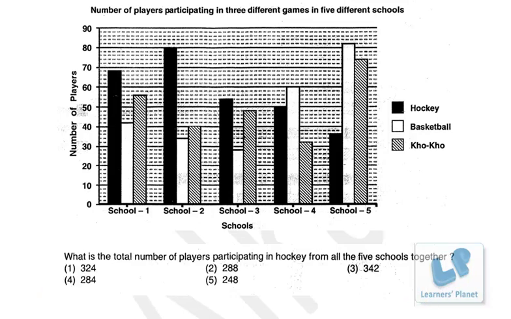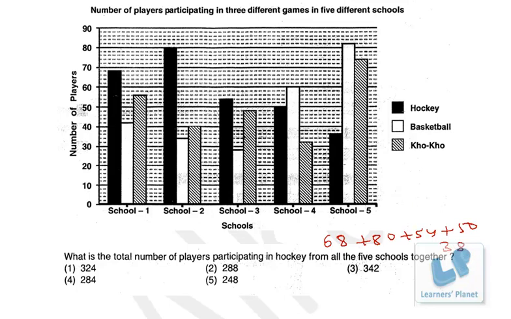Easy. What is the total number of players participating in hockey from all the 5 schools together? So that's easy. Hockey, that black portion, here it is 68. I just write down 68, then 80, then it is 54, then it is 50, then it is 38.